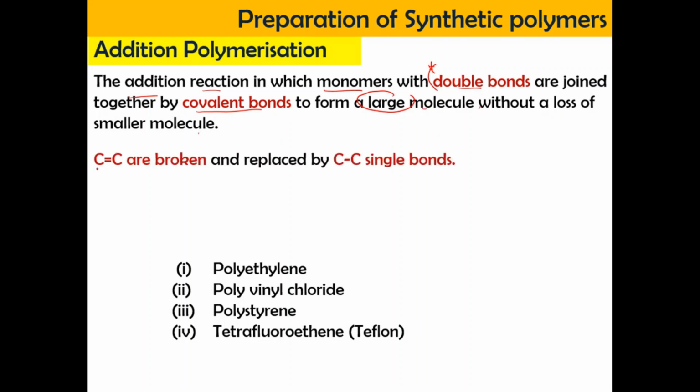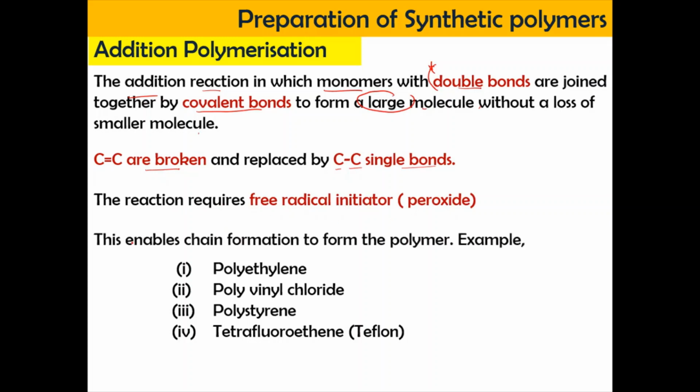So in this case, the C double bond C is broken and it's gonna be replaced by the carbon-carbon single bond. And the reaction will require a free radical initiator, or known as the peroxide. And this will enable the chain formation in order to form a polymer. Examples are polyethylene, PE, polyvinyl chloride, as well as the polystyrene and the PTFE, which is the polytetrafluoroethane, or known as the Teflon.